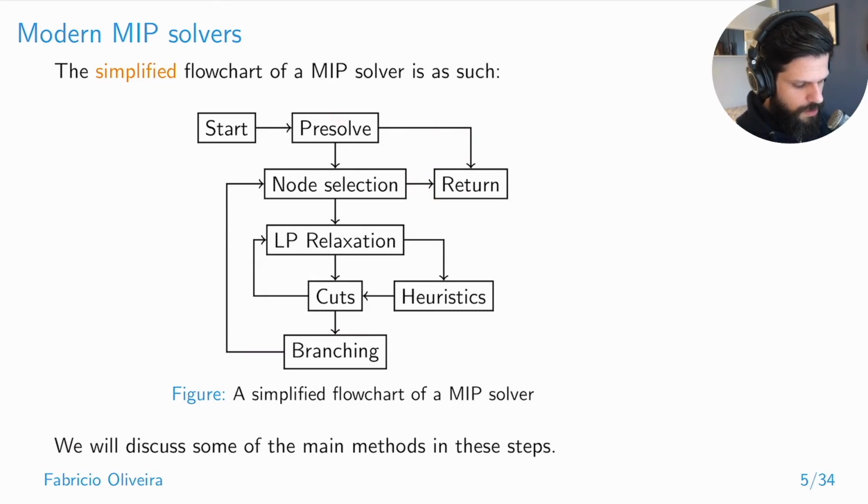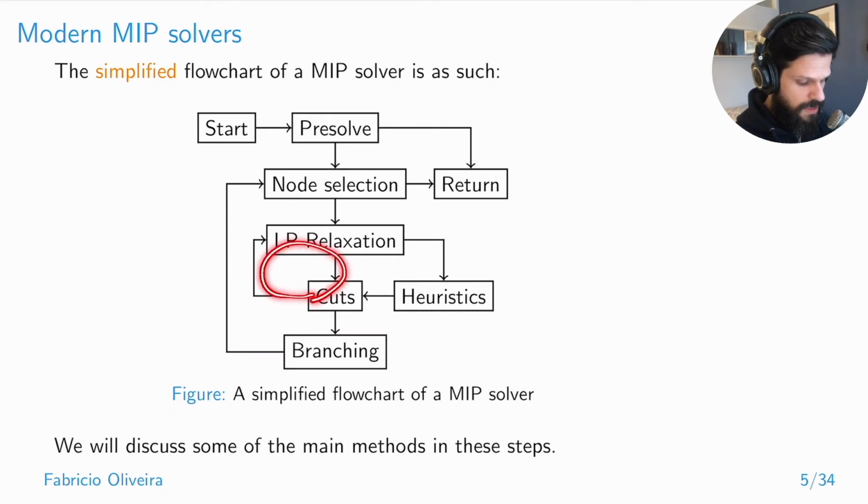Otherwise, you have a node selection, selecting what subproblem is going to be solved. That subproblem then has its LP relaxation solved. And then you can see there are these two arrows saying that the LP relaxation might serve as information for a cut generation, which can then be sent back to have the LP relaxation resolved.